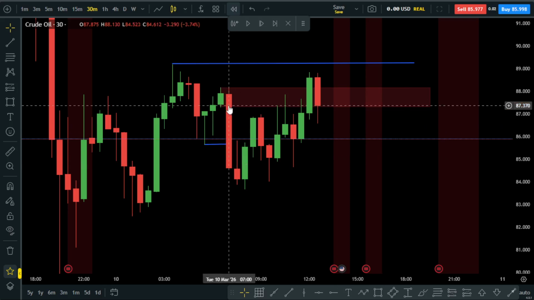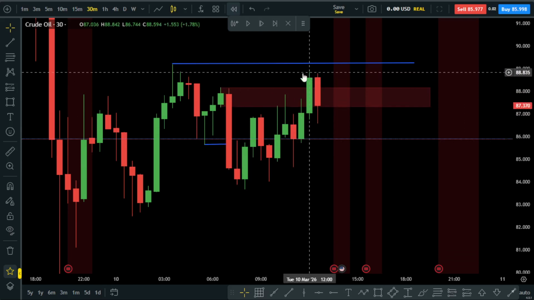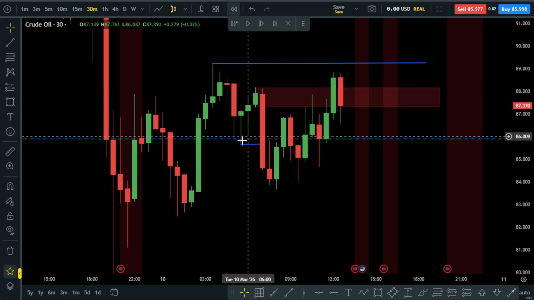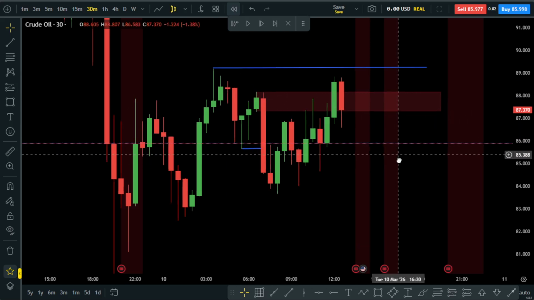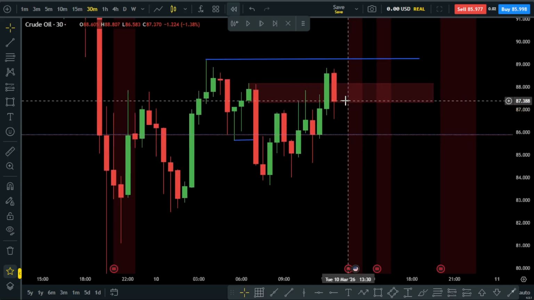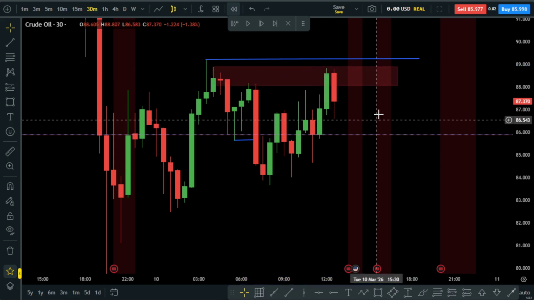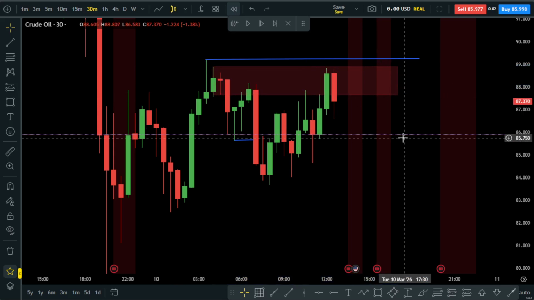Have you seen what happened? Price just came, took out this order block, and then it dropped, because people have been told to choose the order block which broke structure. But if you notice the real move, the real order block was here, this bullish candle. That's where the real thing was.